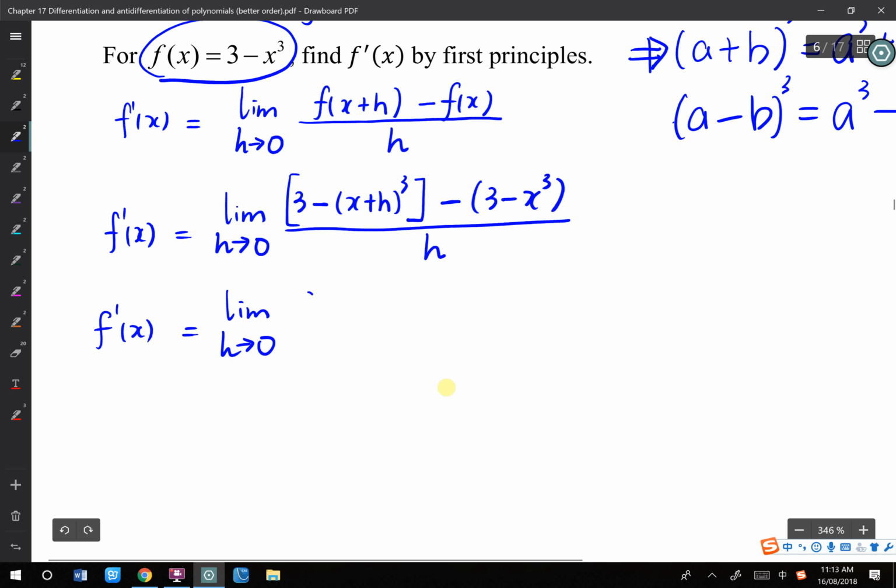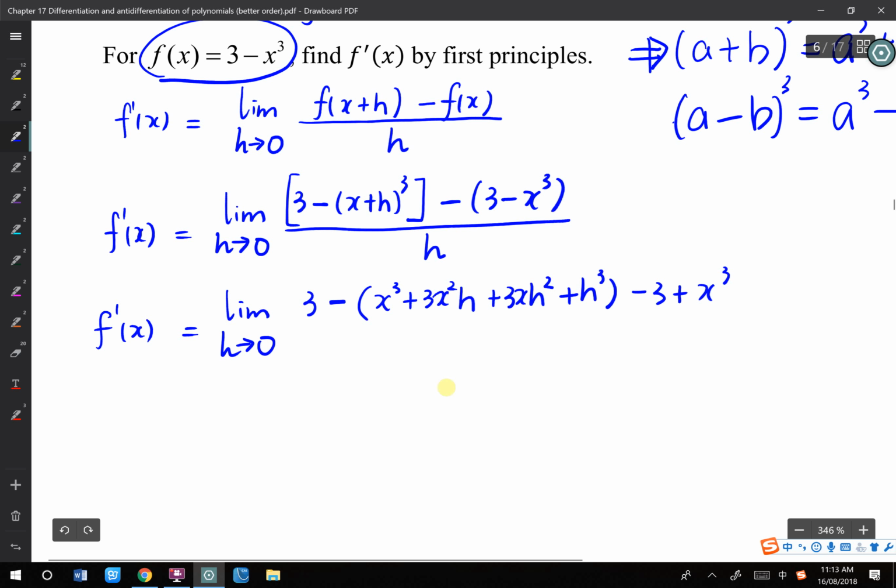Well, what we have here is 3 minus, when you expand the cubic function, I will still keep them in a bracket, (x cubed plus 3x squared h plus 3xh squared plus h cubed), minus 3 minus x cubed.